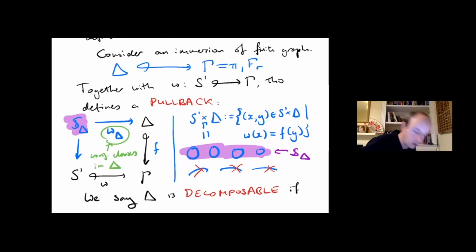So it's not just one conjugacy class; it's a collection of conjugacy classes, and they all live not in delta, but in the fundamental group, pi_1 of delta. So you can think of them as a collection of conjugacy classes in pi_1 of delta. It's a way of taking a conjugacy class in pi_1 of gamma, in a free group, and pulling it back to a collection of conjugacy classes in a subgroup delta.